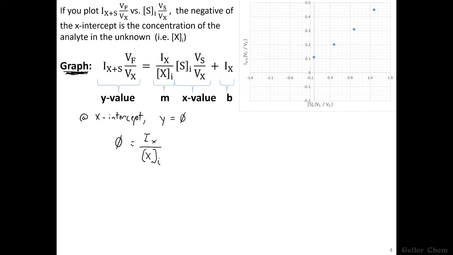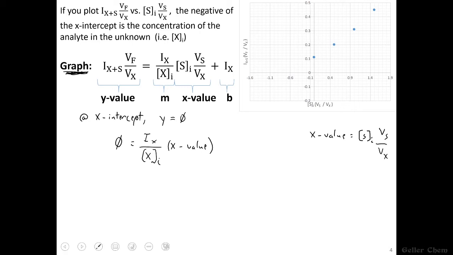And then I could write that whole x value equation, SI times Vs over Vx, but I'm just going to write x value. And we should just understand, and I'll draw this off to the side, that x value really equals concentration of the standard before it's mixed in with anything, times volume of the standard over volume of the unknown.